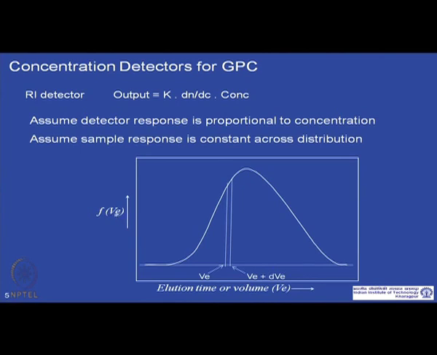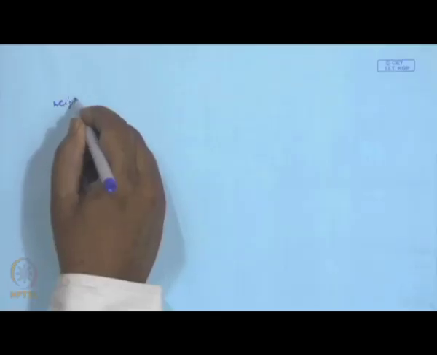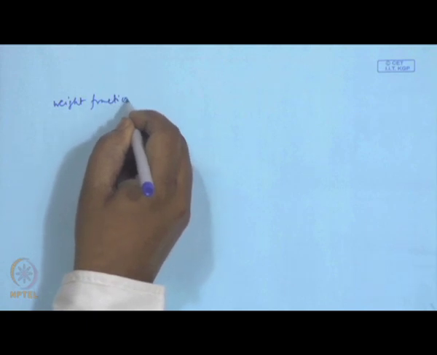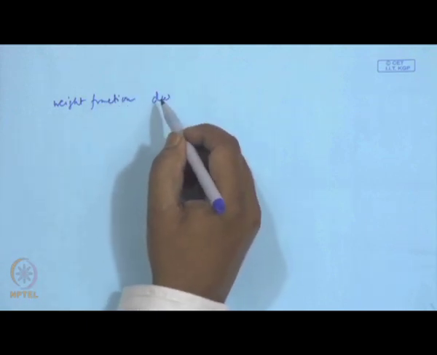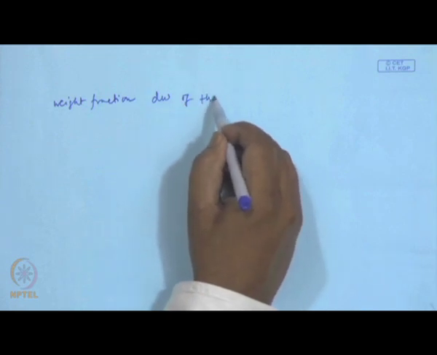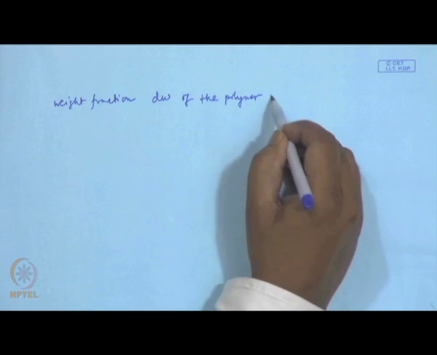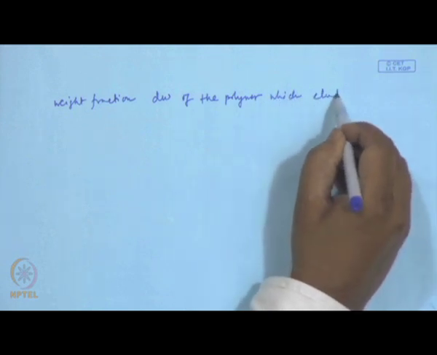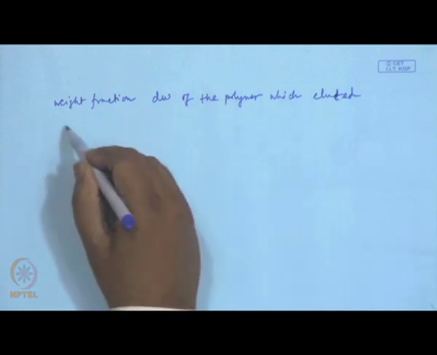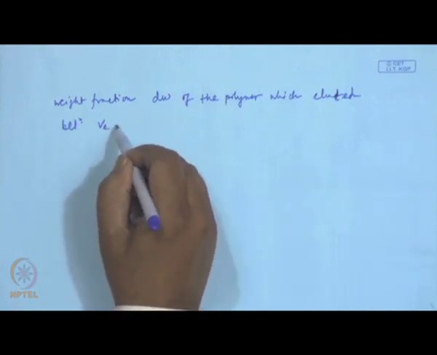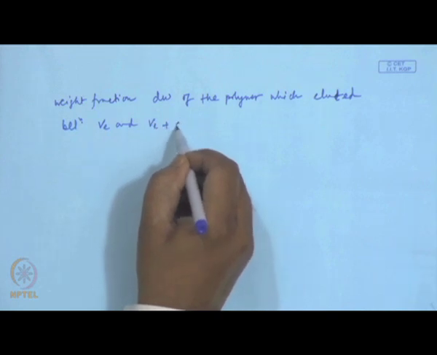Then this is the detector signal and this is the elution volume V. So, we can simply write the weight fraction dW of the polymer which eluted between V and V plus dV.